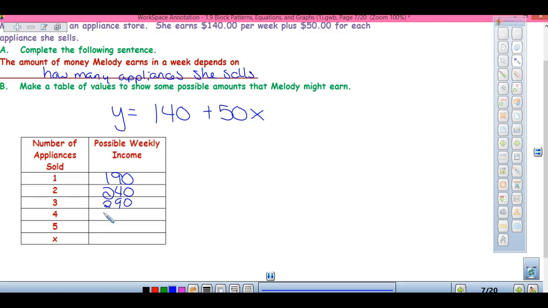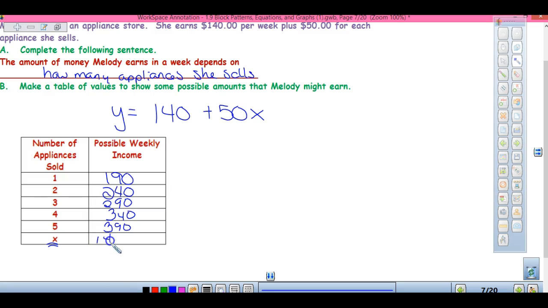If I sell 4 appliances, how much commission am I making? $200 plus my 140 is $340. If I sell 5 appliances, $250 plus my 140 gives me $390.